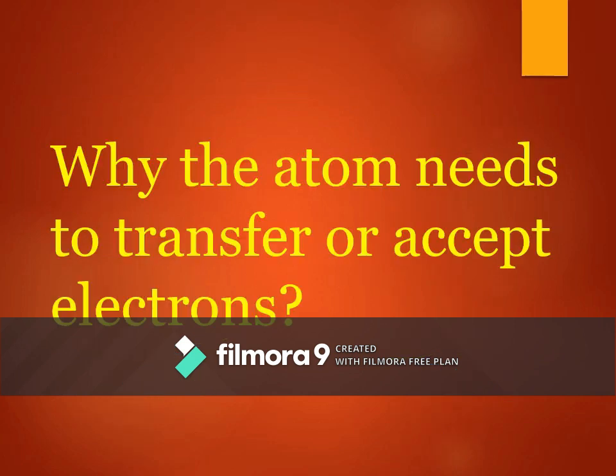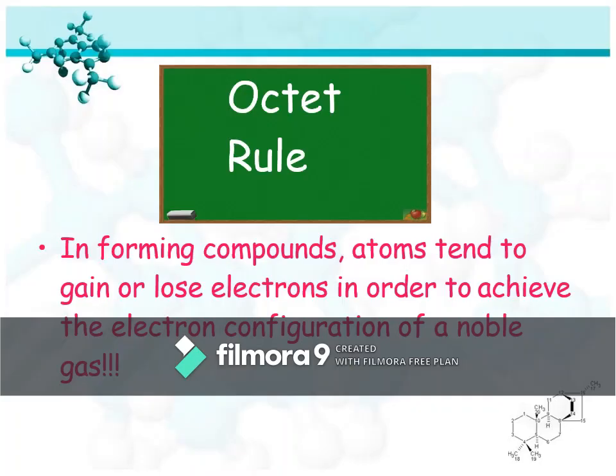The question is, why does the atom need to transfer or accept electrons? It is because of this concept, the octet rule. In forming compounds, atoms tend to gain or lose electrons in order to achieve the electron configuration of a noble gas.